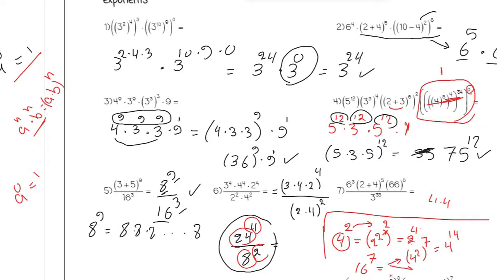Or you can change it to base 2. Instead of 16, I can write 2 to the power of 4. Yes, because 2 times 2 times 2 times 2 is going to be 16. 2 times 2, 4. 4 times 2, 8. 8 times 2, 16. So I can write this one. And the other power, we have 7 here.